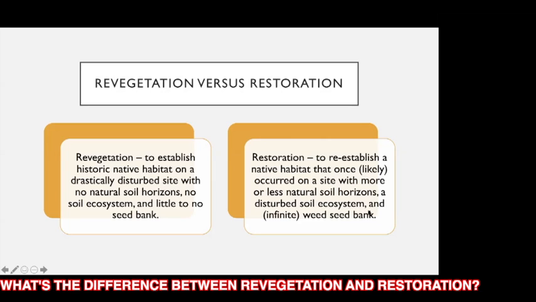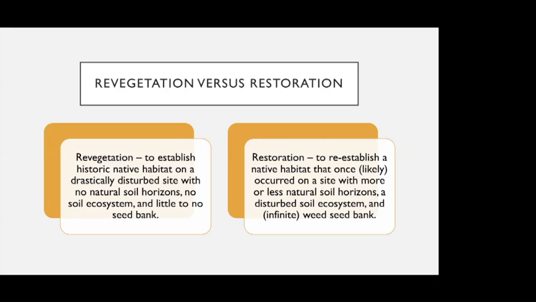Whereas restoration establishes a native habitat that once, more than likely, occurred on a site with more or less natural soil horizons, a disturbed soil ecosystem, and an infinite weed seed bank, generally. So it's a degree of disturbance when you're using the term revegetation versus restoration, and I'll show you some examples.